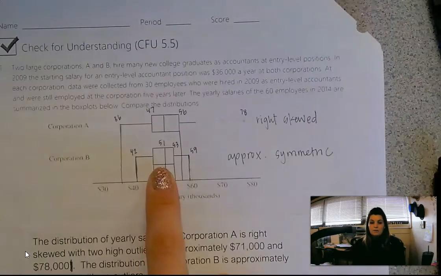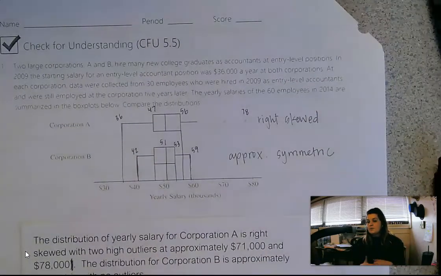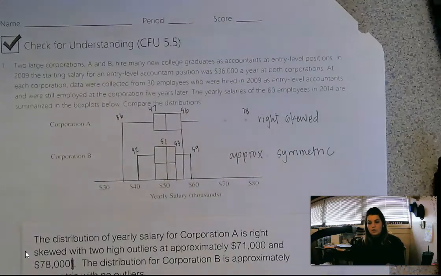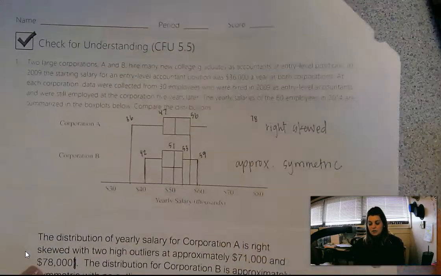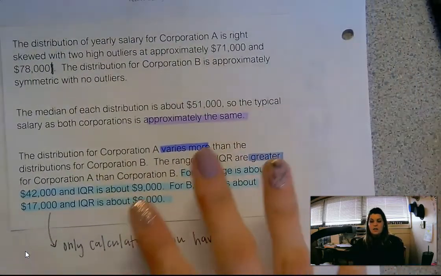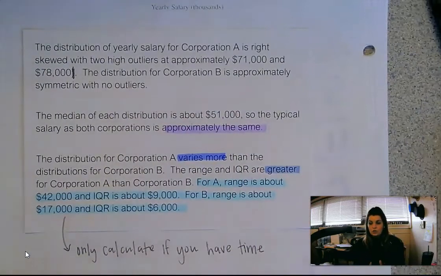Now, if you go up here and find the values of the left and right side, there is a slight left skew, but we're talking about thousands and thousands of dollars. So to me, the difference between the left and the right-hand side is close enough that I would just go with roughly symmetric. If you are going to say skew, just say slight left skew.